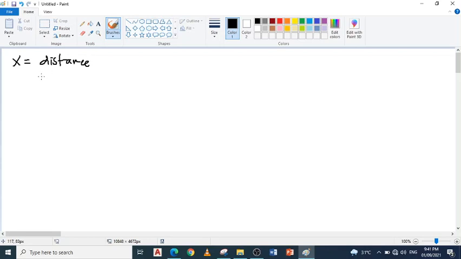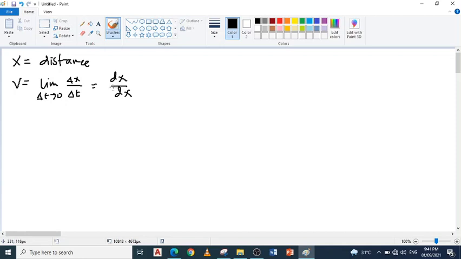Okay? So, kapag kukunin natin yung velocity, di ba? So, kung mapapansin niyo dun sa material natin, that is the limit of delta x with respect to time as delta t approaches 0. So, in short, yung velocity natin is just the derivative of x with respect to time.